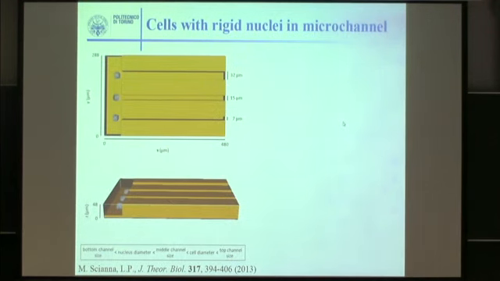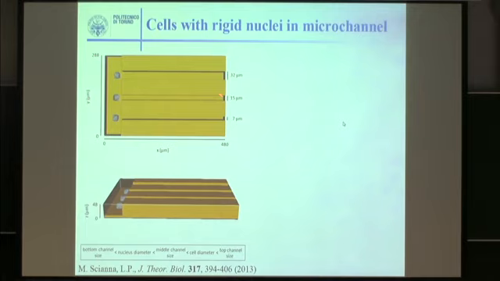Okay, this tells you something about this threshold value. It doesn't tell anything about the speed at which the cell will pass through the microchannel. In order to have some hints on that, we use a cellular Potts model, and in this virtual device you have three microchannels. One is larger than the size of the cell, which is 20 microns.